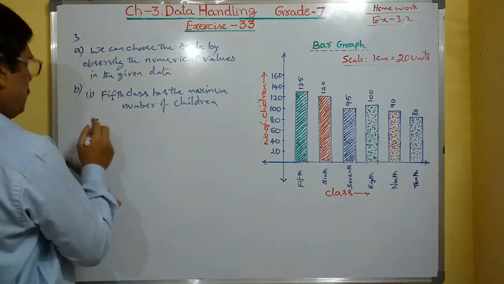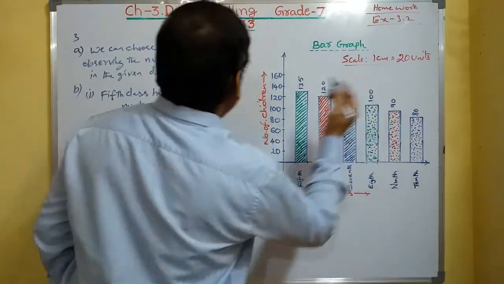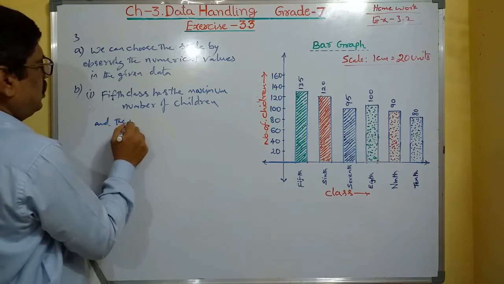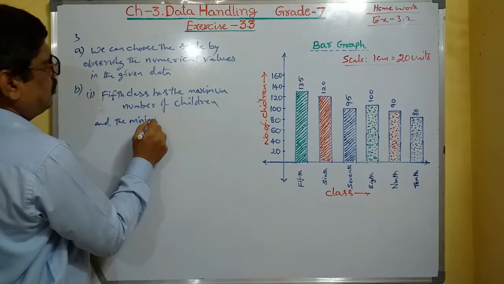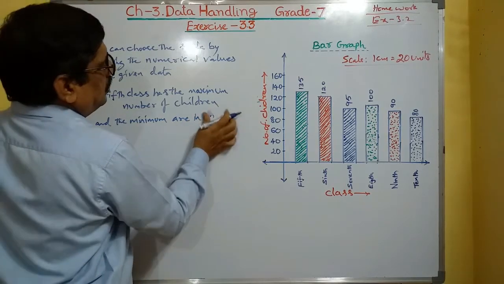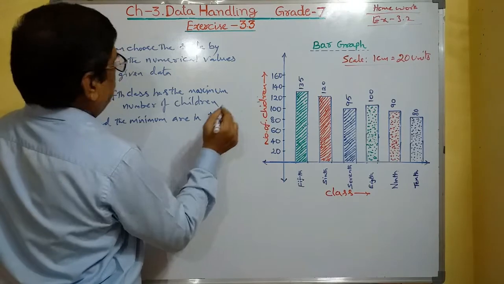And in the same question, it is asked about the minimum. The minimum number of children are in the 10th class.